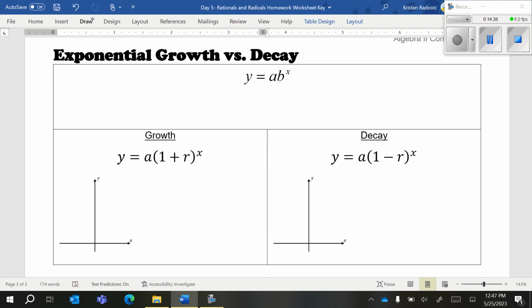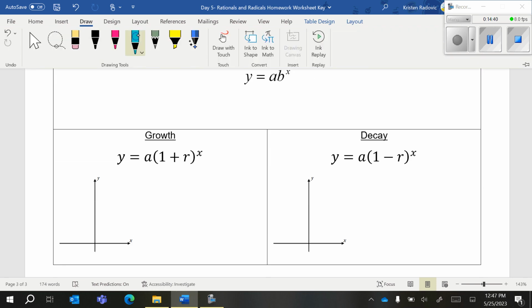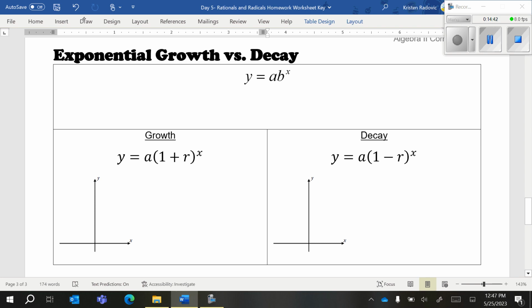Exponential growth versus exponential decay. We remember this, hopefully. A is your initial value, and B is called your growth factor. It is also your base.